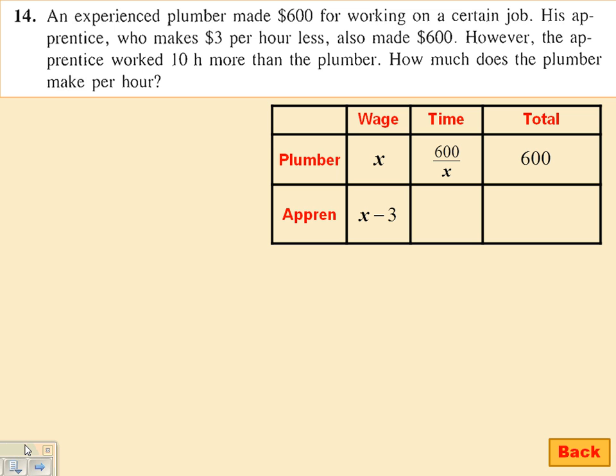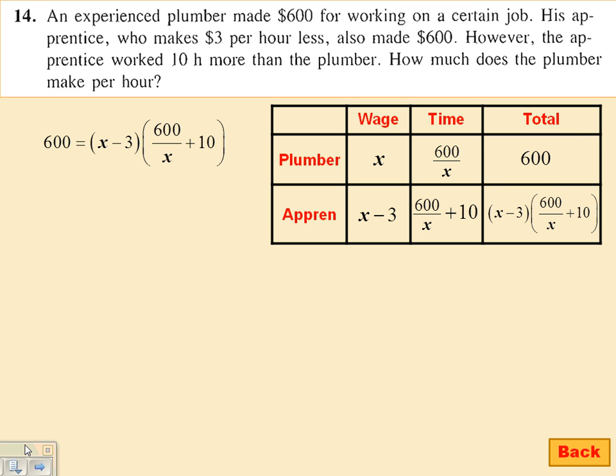So if the plumber worked 600 over X hours, how much did the apprentice work? 600 over X plus 10. I then multiply those two. As you guys remember, the plumber and apprentice make the same amount of money, $600. So I'm just going to make it equal to each other.